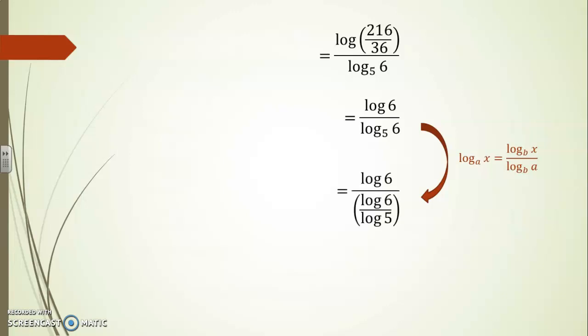Okay, so notice how log of x in base a has become log of x over log of a in base 10. And now we have a term divided by a fraction, so we can multiply by its reciprocal and finally eliminate the common log 6's to get a simplified result.